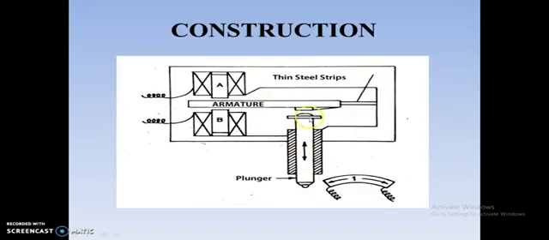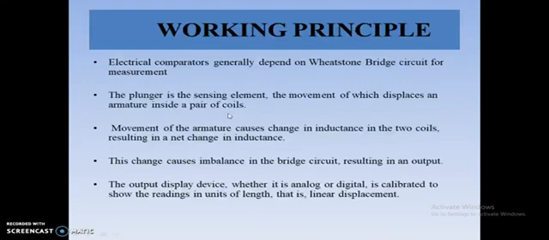If this plunger moves, what will it do? It will strike the armature, as a result of which the armature will not be in a balanced condition. That means the armature will move either towards coil A or towards coil B, as a result of which the balanced condition will be disturbed. So here it says the plunger is the sensing element, the movement of which displaces an armature inside a pair of coils.